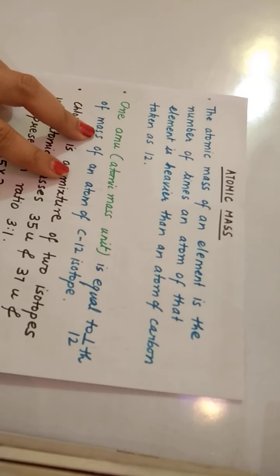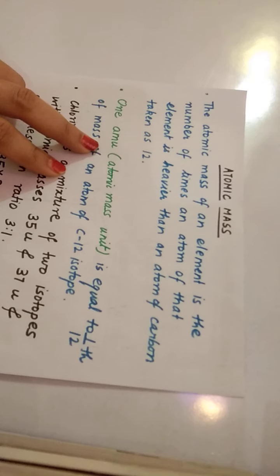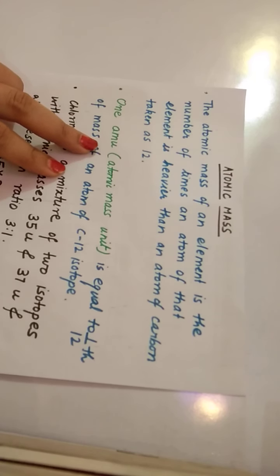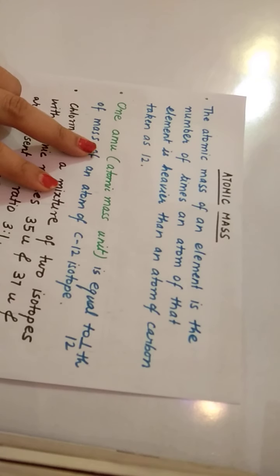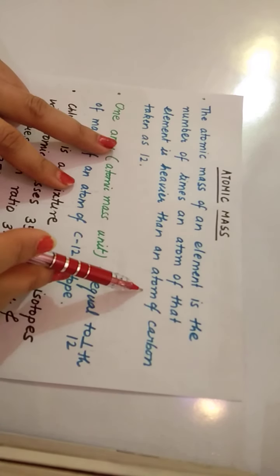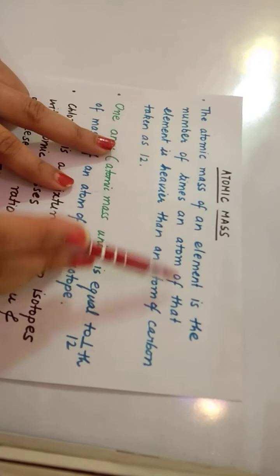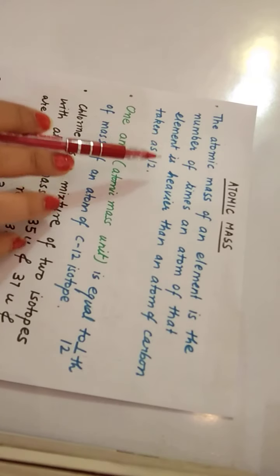Atomic mass of any element is the number of times an atom of the element is heavier than an atom of carbon. The carbon atom's atomic mass we take as 12. So the more heavier an atom of an element is than carbon, the more its atomic mass. It tells about the number of times an atom of the element which you need to find out is heavier than an atom of carbon, taken as 12.